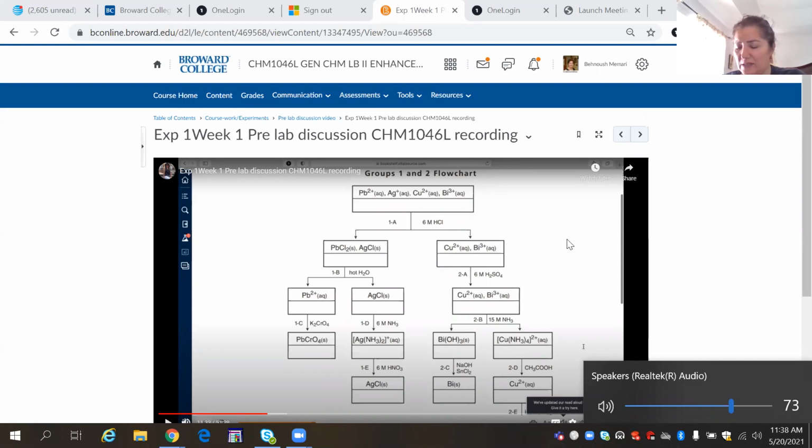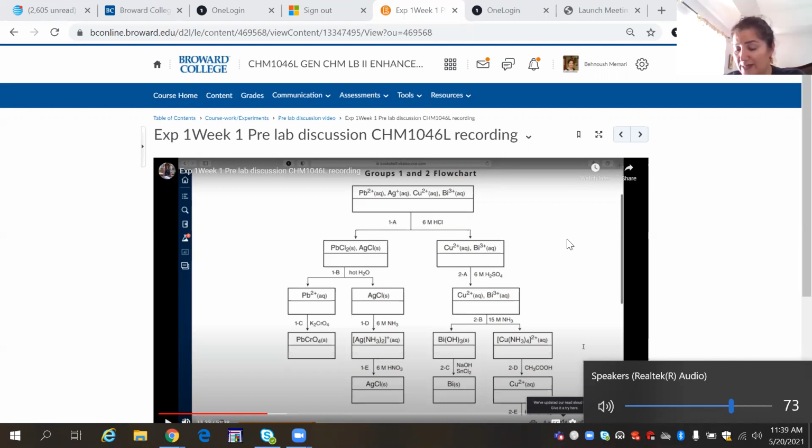Your answer that both of them are going to be together is correct, because at that point when you add HCl, there's no way to separate them. So if you put both of them together, it is fine. So it would just be one solid containing lead and silver, correct? And they're just separated from the other two known ions? Yes.